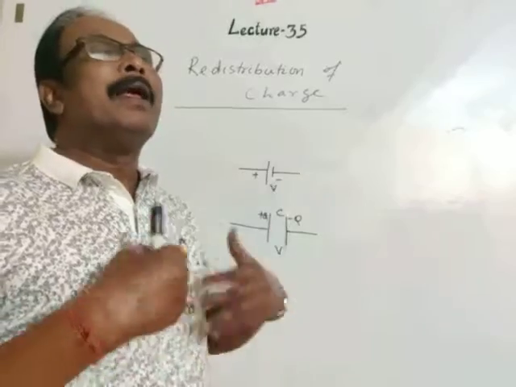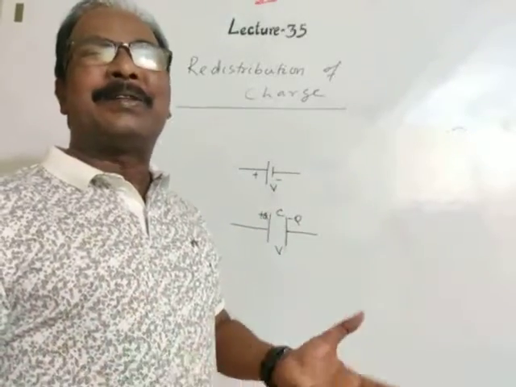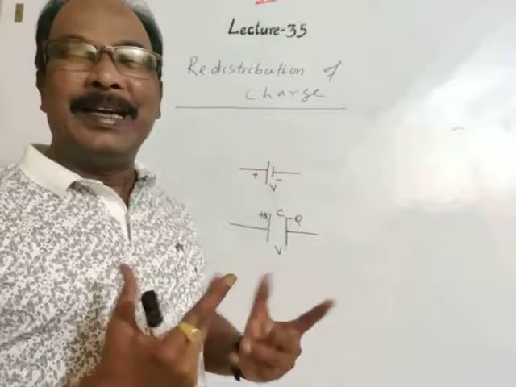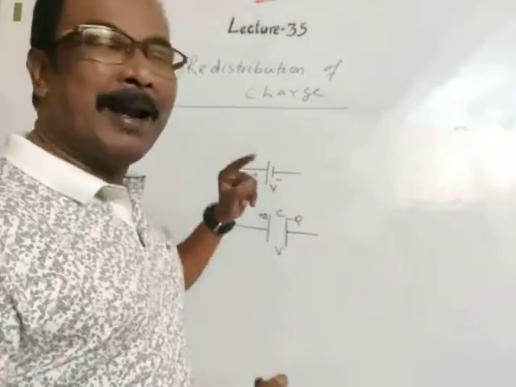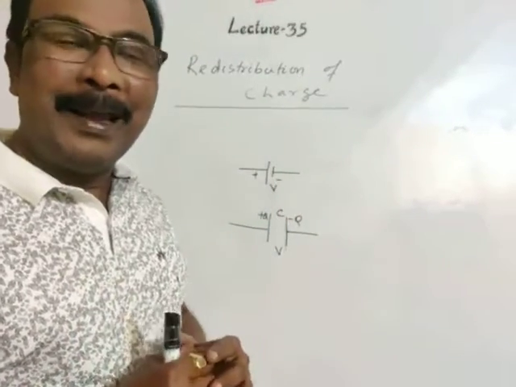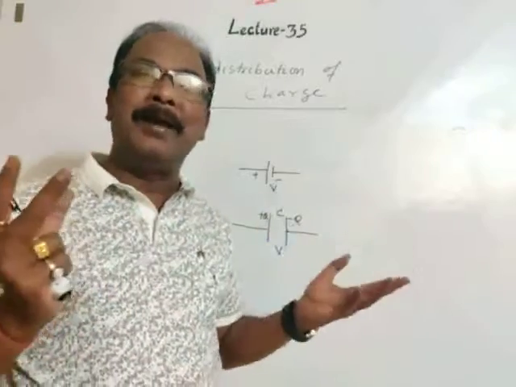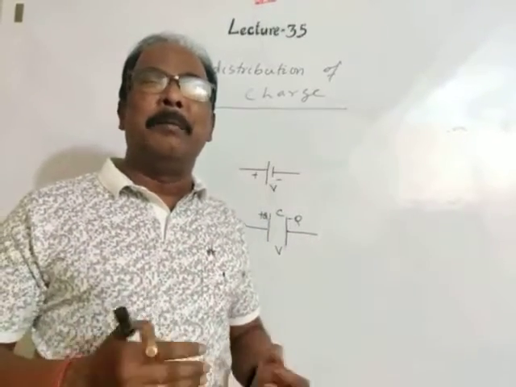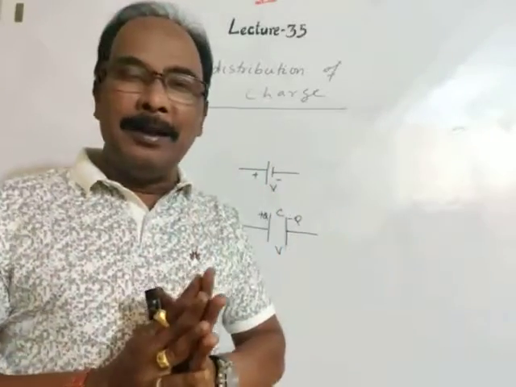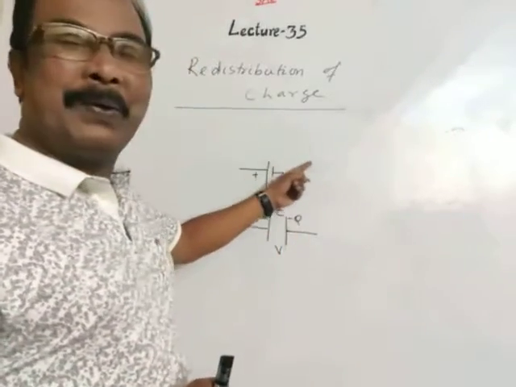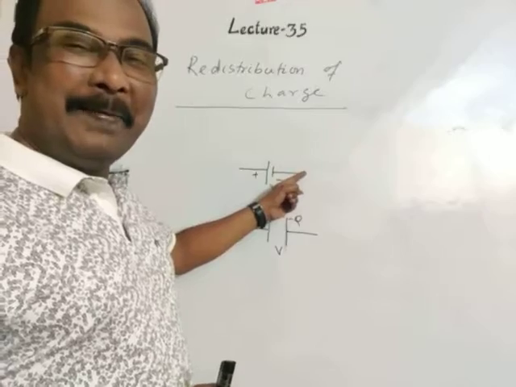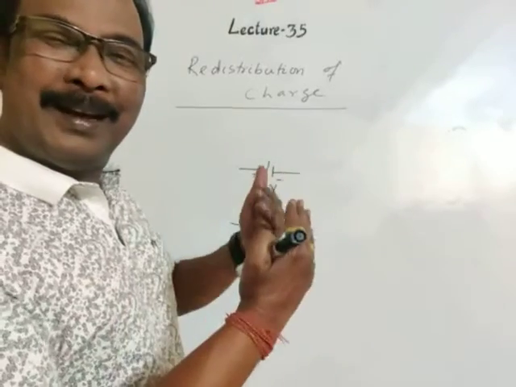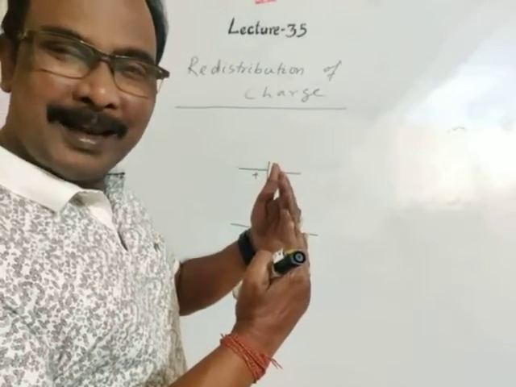To overcome the resistance, we need energy. That energy is supplied by the cell or battery. In the usual way we say a battery contains chemical energy. When a battery is connected in a closed circuit, chemical energy is converted to kinetic energy of the charge carriers.